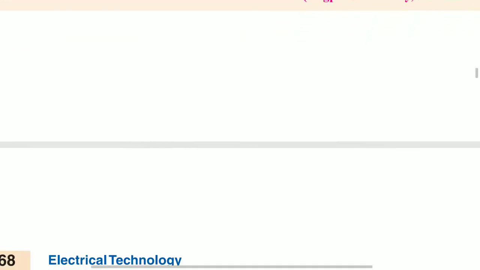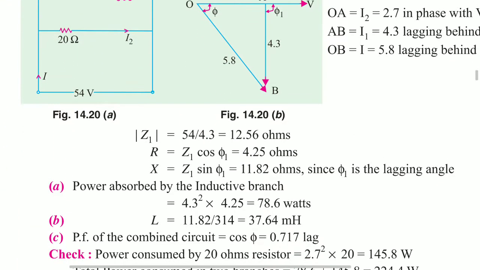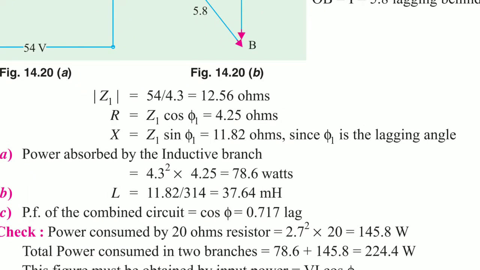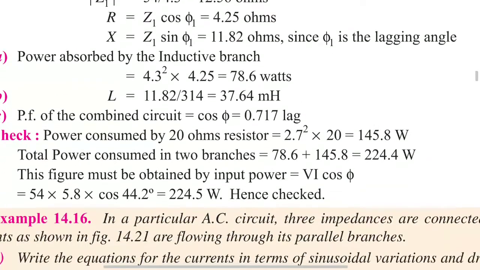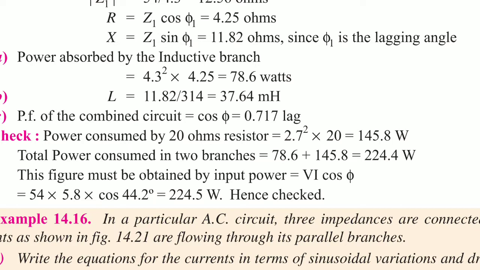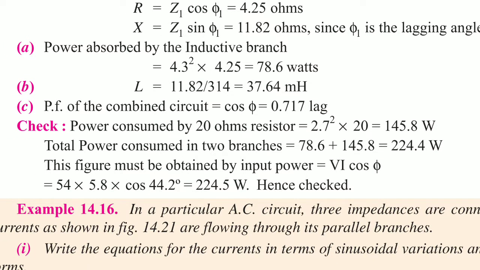Substituting this, L is equal to 11.82 divided by 2 pi F, and 2 pi F value is 314. So 11.82 divided by 314 is equal to 37.64 mH.